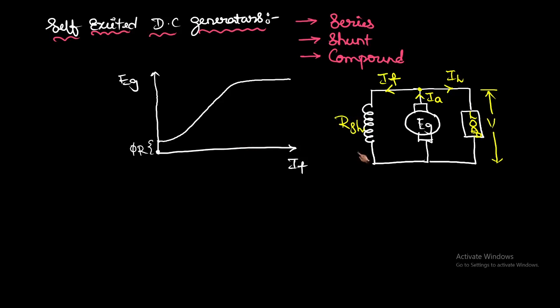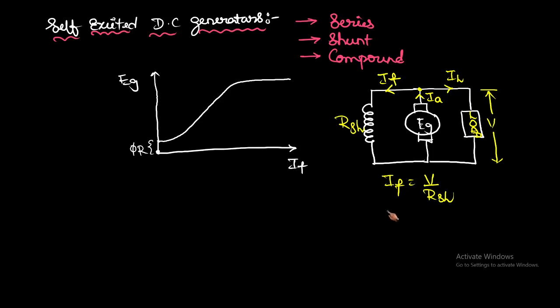In this shunt generator, what is the meaning of If? We can write If equals V divided by Rsh, because these are all connected in parallel, so the voltage across this Rsh is also the terminal voltage V. So If equals V by Rsh.